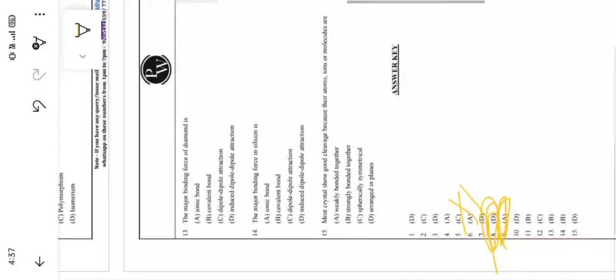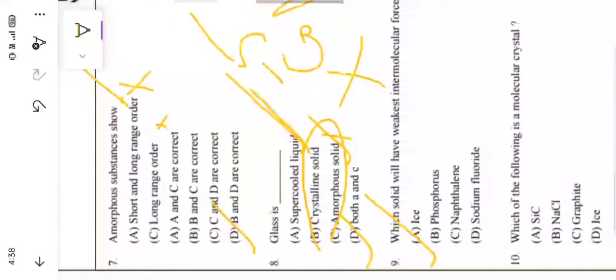Maybe naphthalene, because... Okay, I don't know.